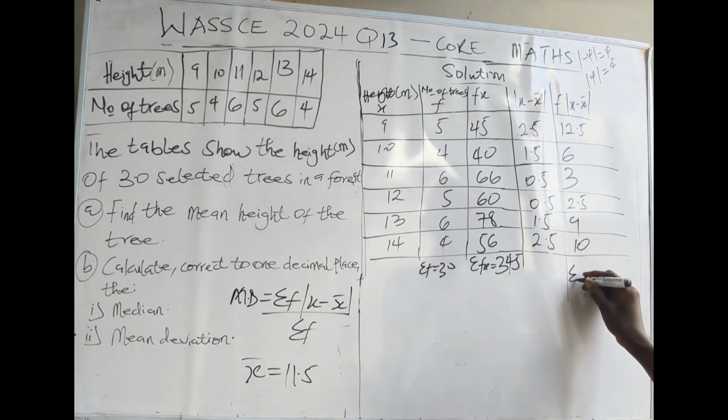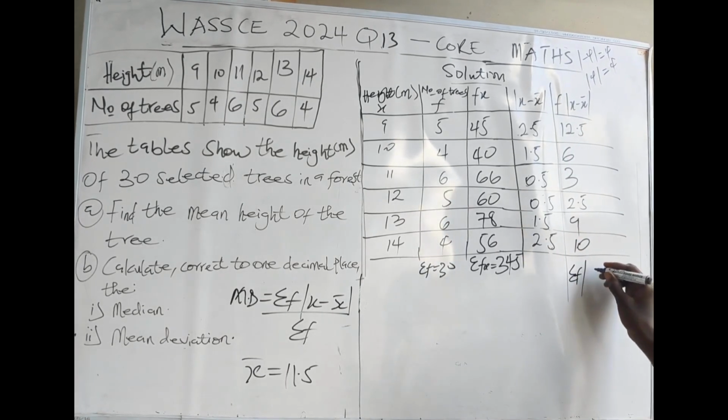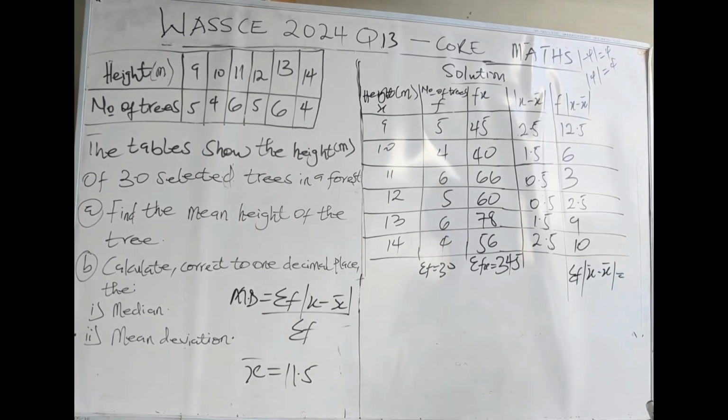Therefore our sigma f absolute x minus the mean is equal to the summation of all the values over here. So now 12.5 plus 6 plus 3 plus 2.5 plus 9 plus 10 gives us 43.